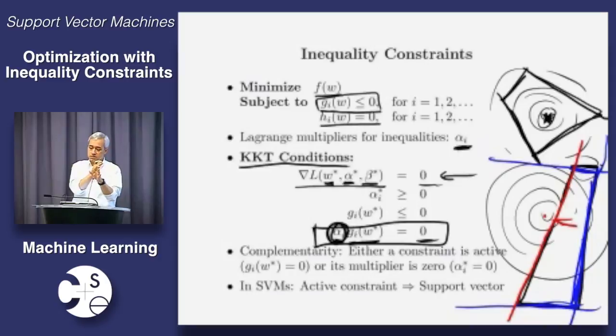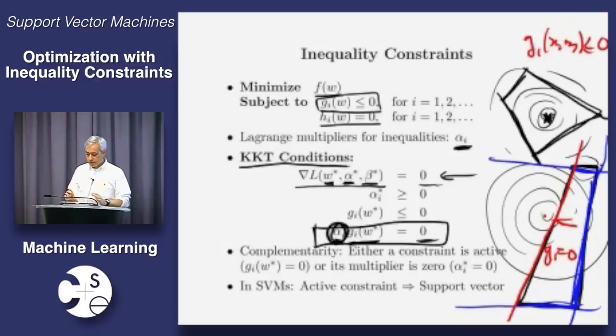So let's say this was my G1, and my constraint was that G1 of x1, x2 is less than 0. What happens here is that G1 is equal to 0.